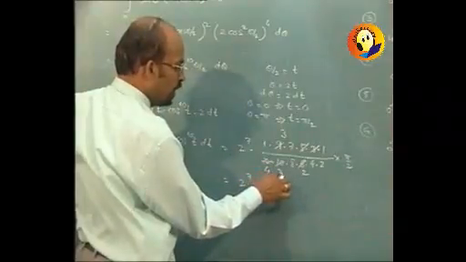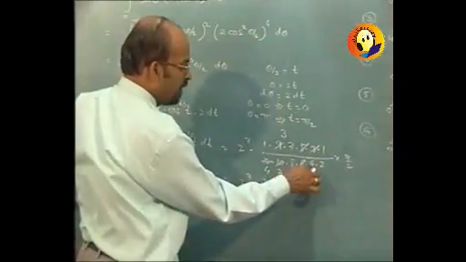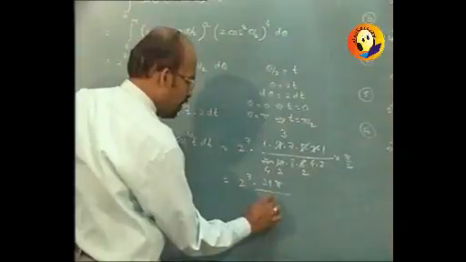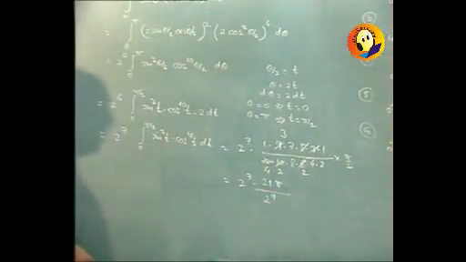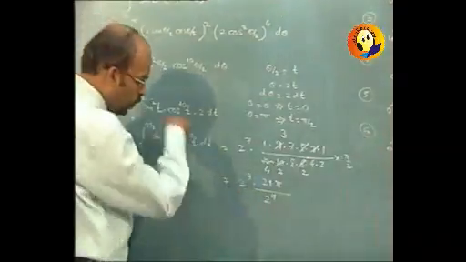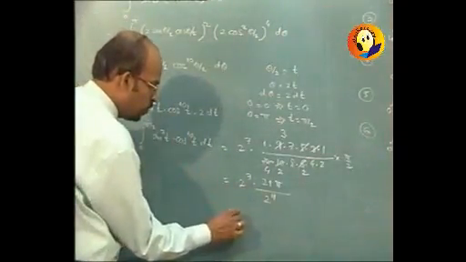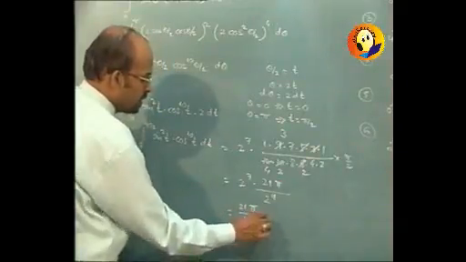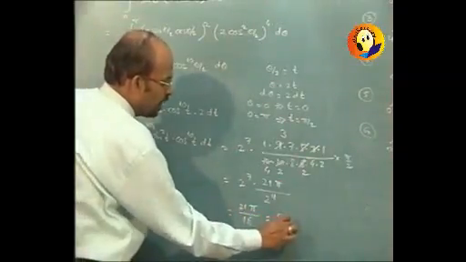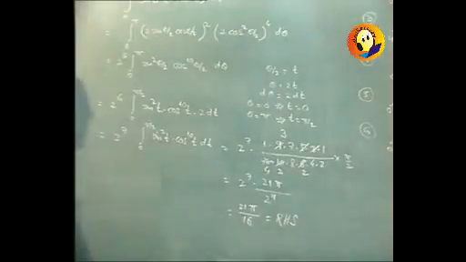So 2, 3, 6, 7, 8, 9, 10 and 11 divided by 2 raised to 11. And so 2 raised to 7 upon 2 raised to 11 is 2 raised to 4, which is 16. So it will be 21 pi by 16, which is the required right hand side. So that was problem number 2.